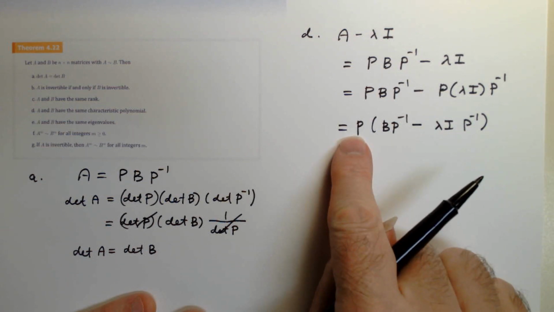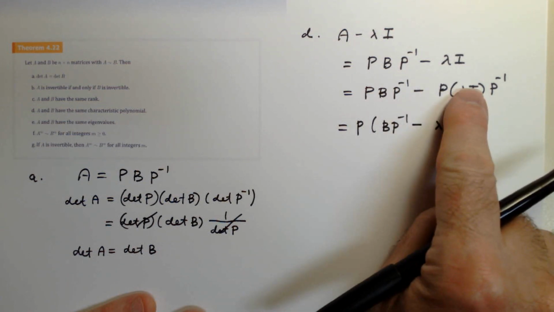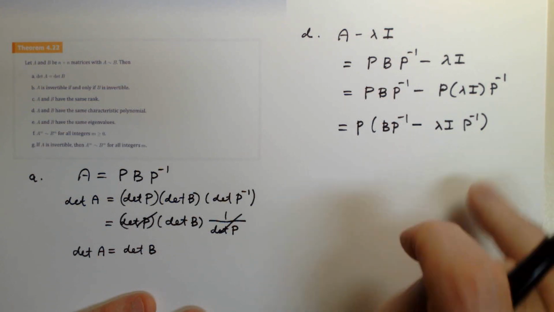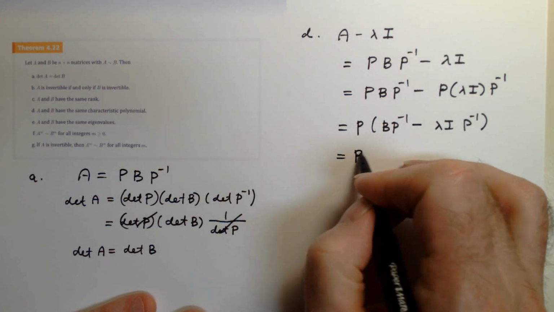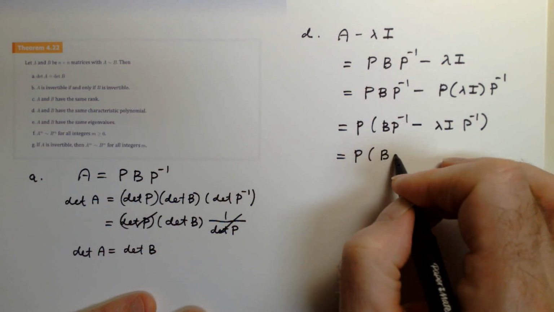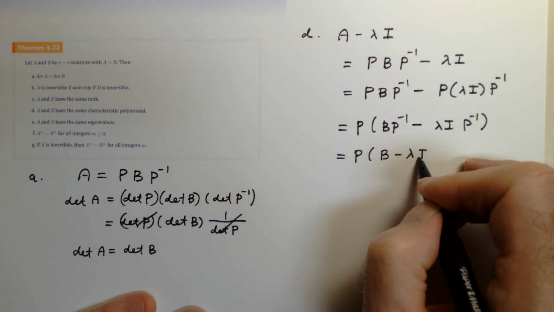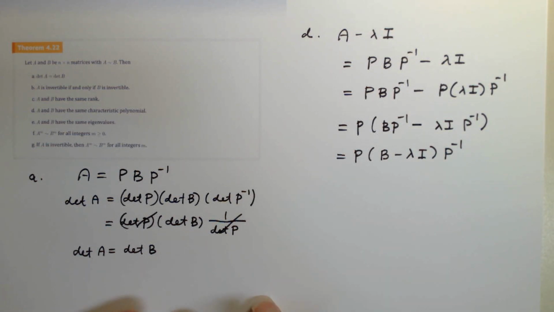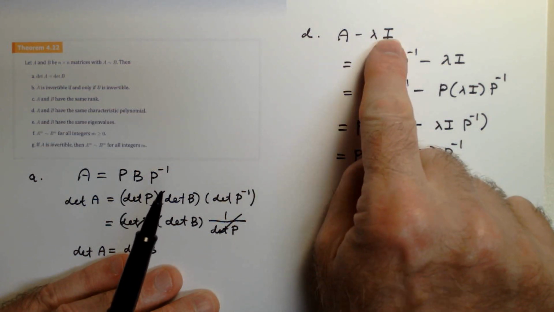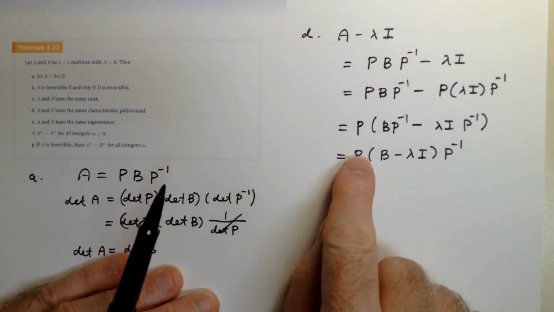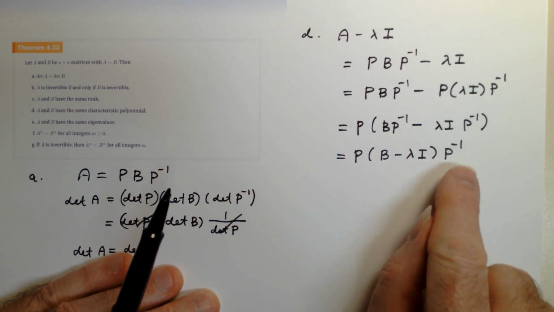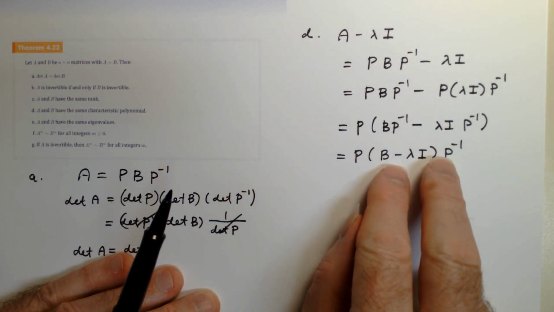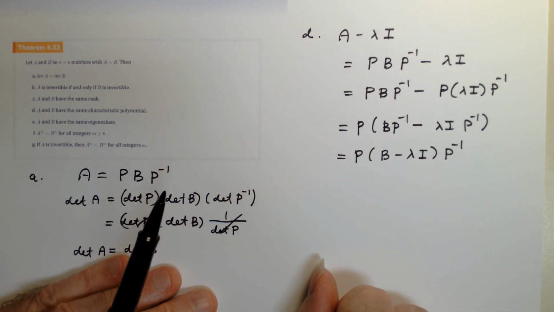And so we can see that these are the same just by redistributing the P. And now we're going to factor P inverse out on the right. Okay? And so what we've shown is that A minus lambda I is the same as P times B minus lambda I times P inverse. In other words, A minus lambda I is similar to B minus lambda I.